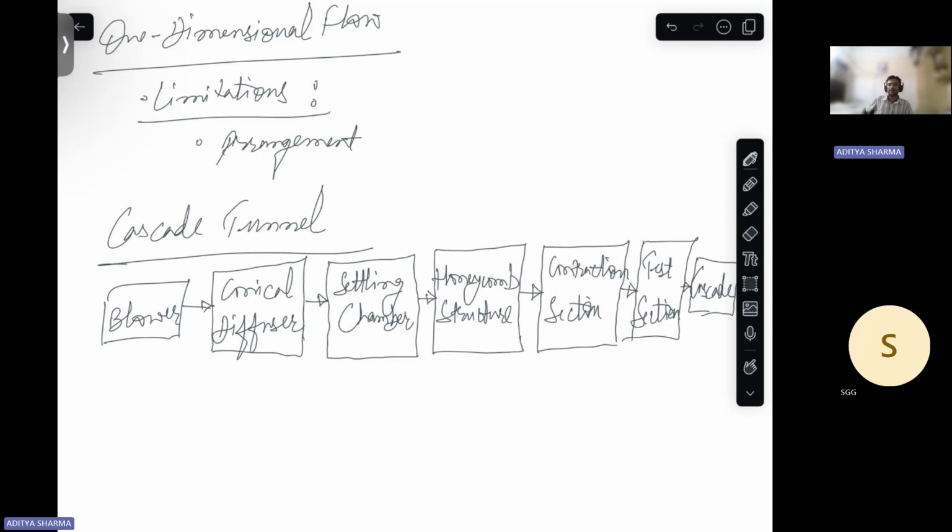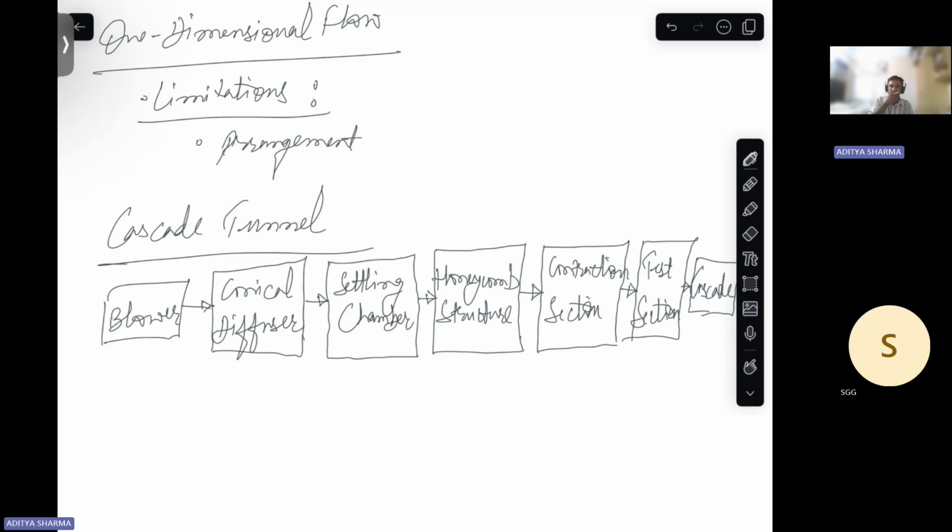As I've said, the cascade tunnel is a wind tunnel type of arrangement. In a wind tunnel, we study the aerodynamics. The flow is moving there, and then some aerodynamic body we keep in the test section, and then we study its aerodynamics.